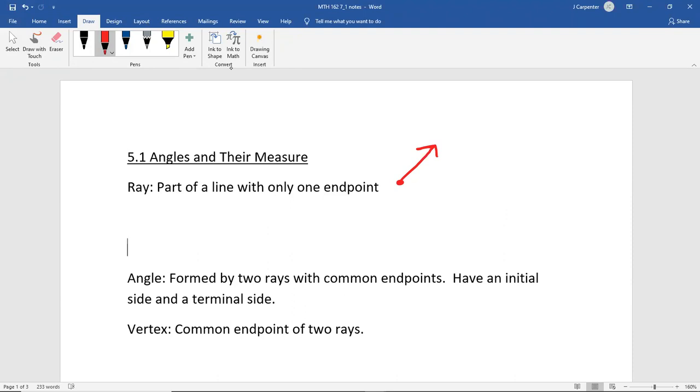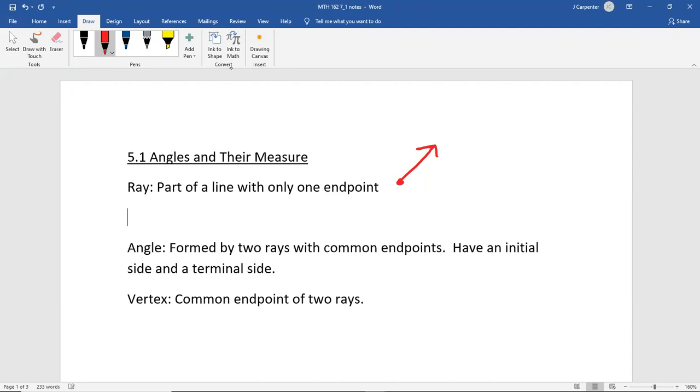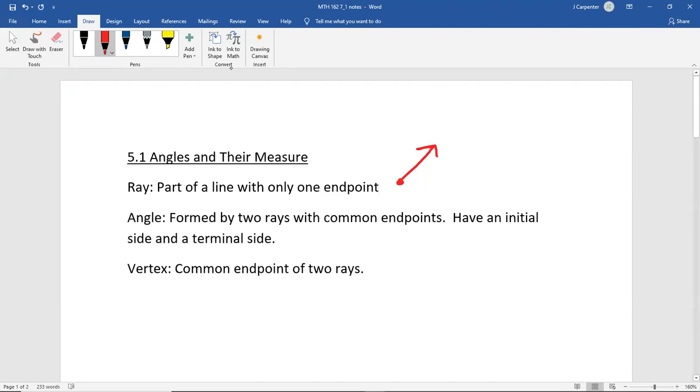Now, for the first couple times today, I will draw these little dots, they're endpoints, but moving forward in the class, I really won't ever draw those dots again because it just gets tedious. That's your ray. An angle is a measure of something.